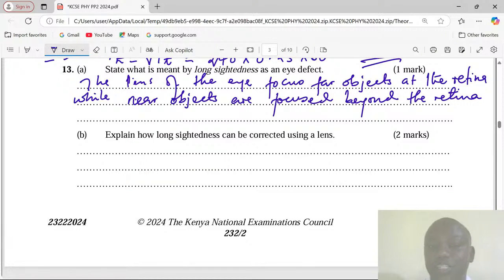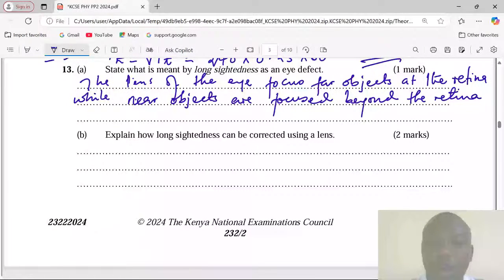We have short-sightedness, whereby near objects have their images focused on the retina, but for distant objects, the rays meet before the retina. Those are both defects.